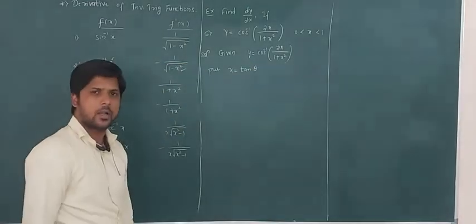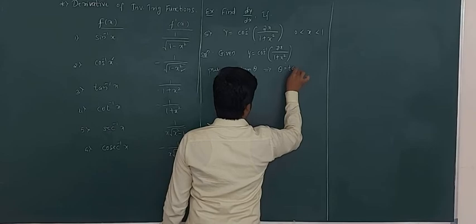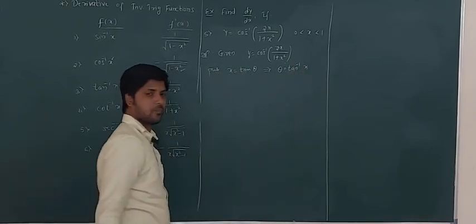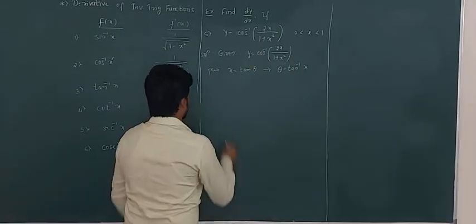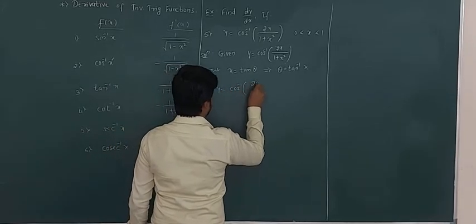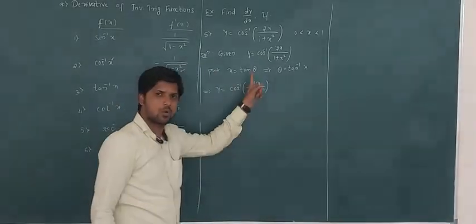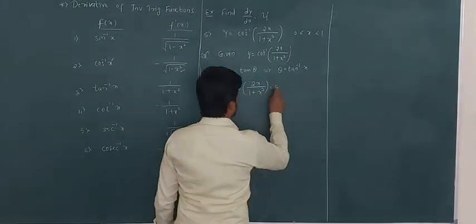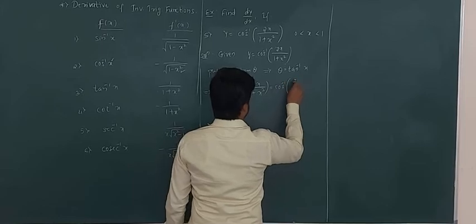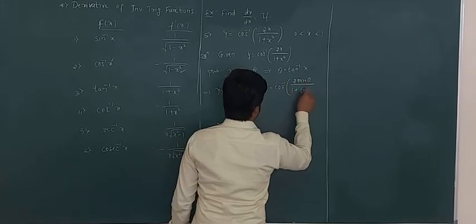This implies theta equals tan inverse x. Now put x equal to tan theta, we get cos inverse of 2 tan theta divided by 1 plus tan square theta.